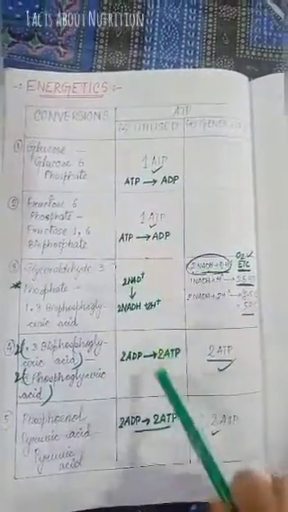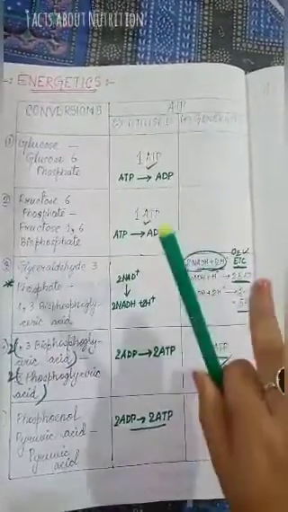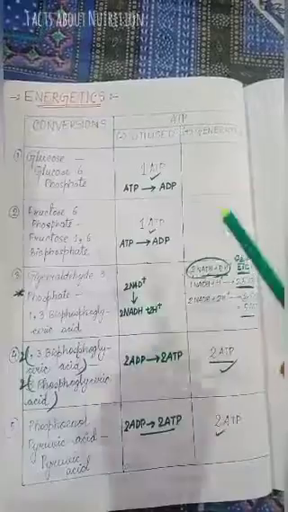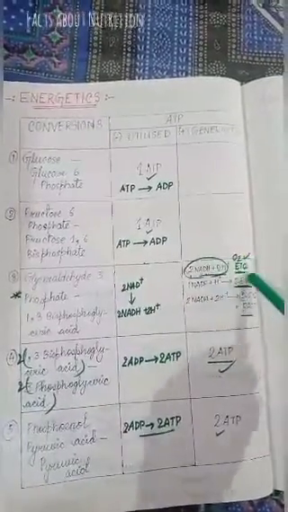These steps require no oxygen, but this particular step requires oxygen. Therefore everything will occur in aerobic conditions, and in anaerobic condition only this part will not occur, because it occurs only in the presence of oxygen, so that NADH can go to the electron transport chain to generate this ATP.